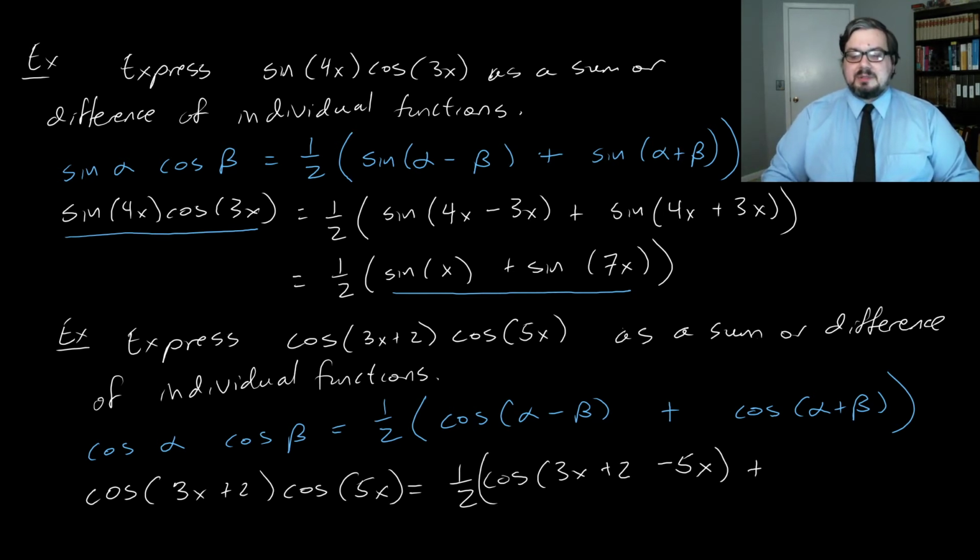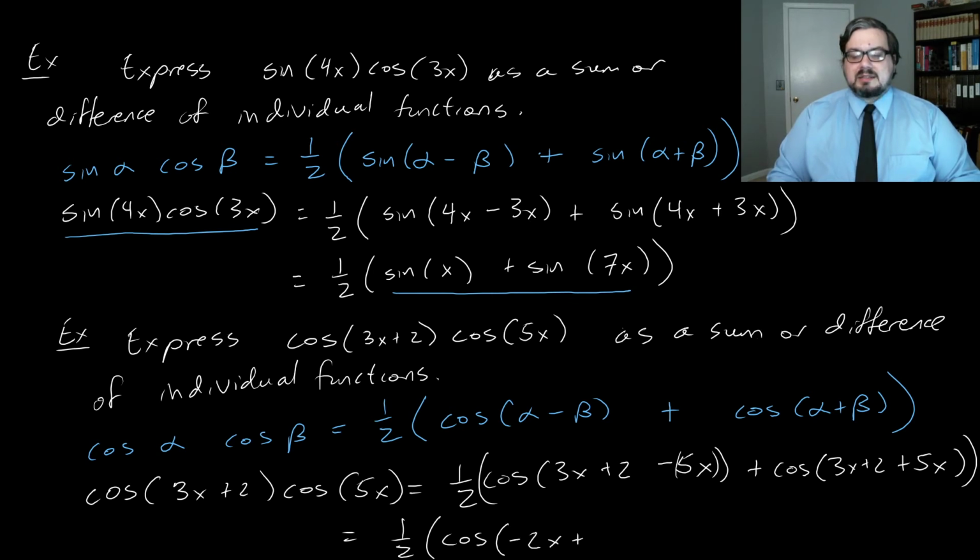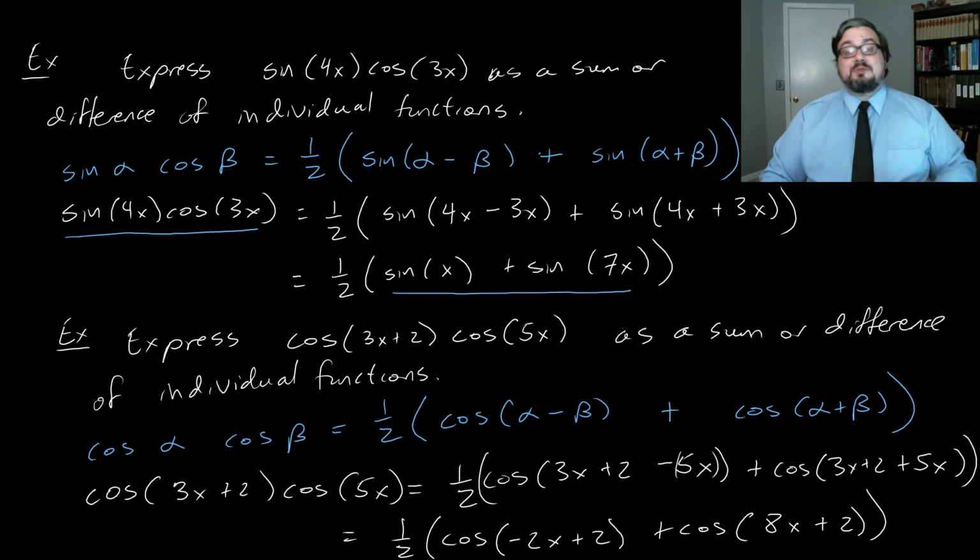So we get cosine of 3x plus 2 minus 5x plus cosine of 3x plus 2 plus 5x, which simplifies down to the expression 1/2 times cosine of negative 2x plus 2 plus cosine of 8x plus 2. And that's really all there is to applying these formulas.